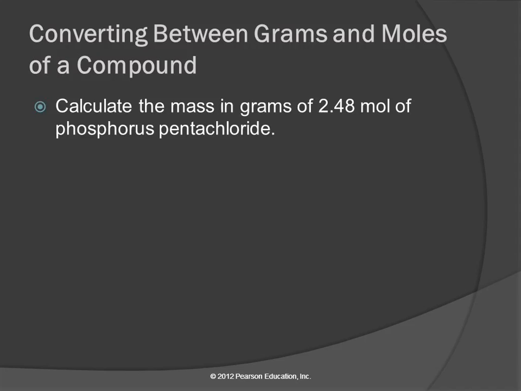So calculate the mass in grams of 2.48 moles of phosphorus pentachloride. Oh no, they gave us the name and not the formula. We have to practice our nomenclature. Phosphorus pentachloride. What kind of a compound is that?